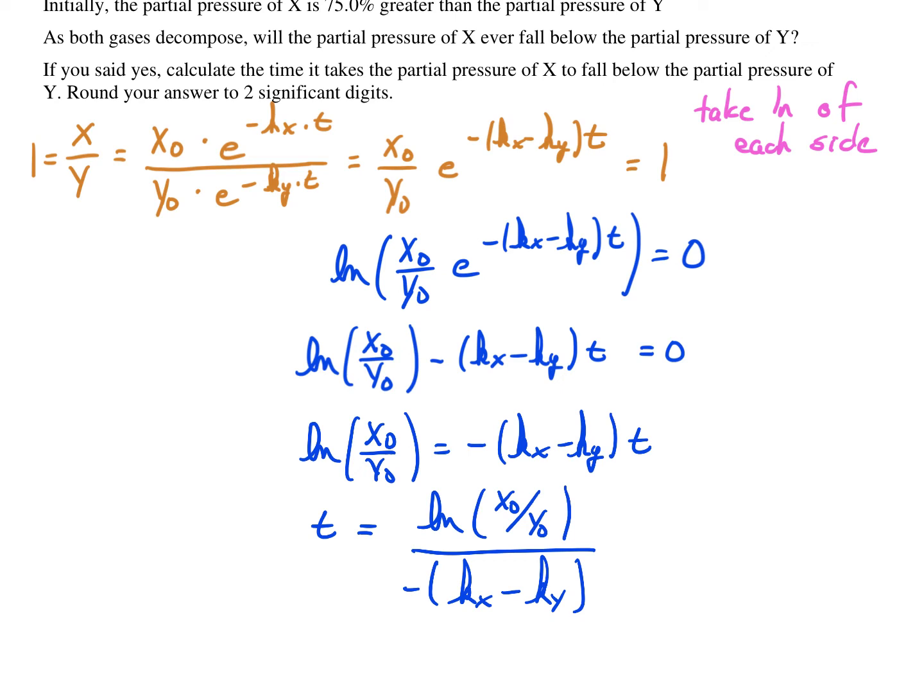So we have a single expression for t. We are given the values of x0 and y0, and we have the means to determine both kx and ky from the half-lives.